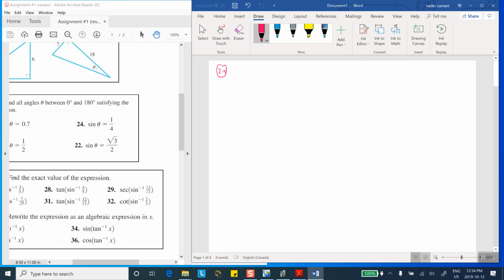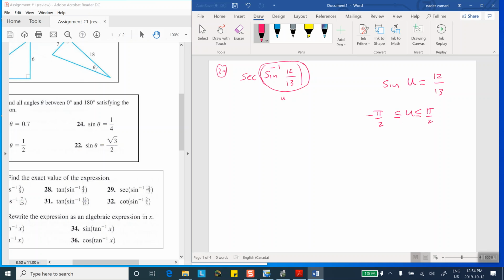29. We have secant of sine inverse of 12 over 13. Let's call this thing u. As soon as we do that, sine of u becomes 12 over 13, and u is between 90 and minus 90 degrees.